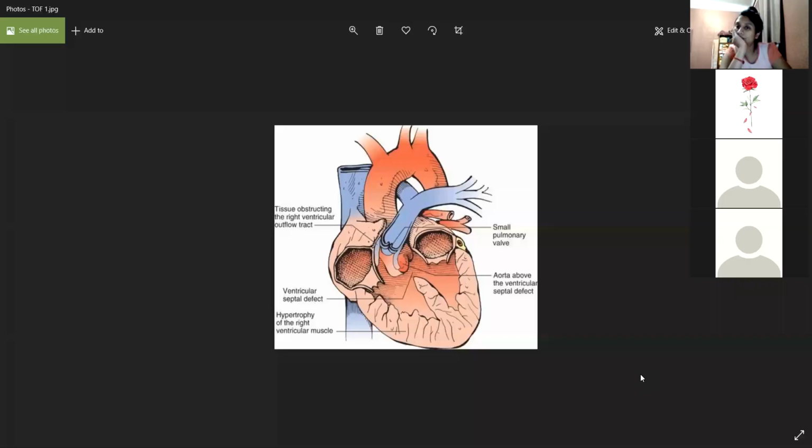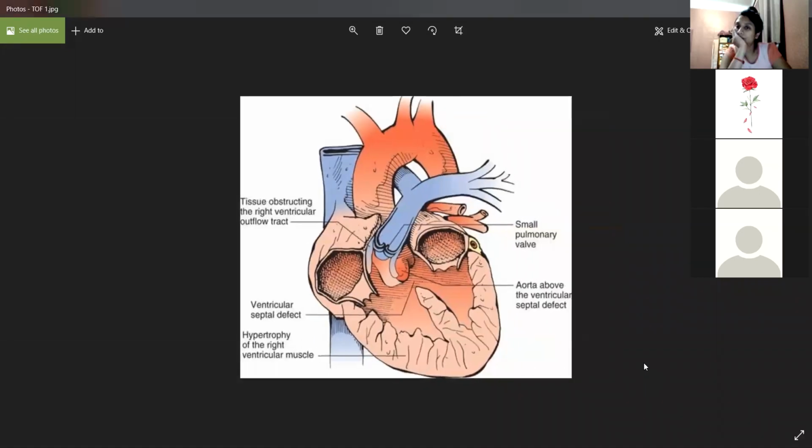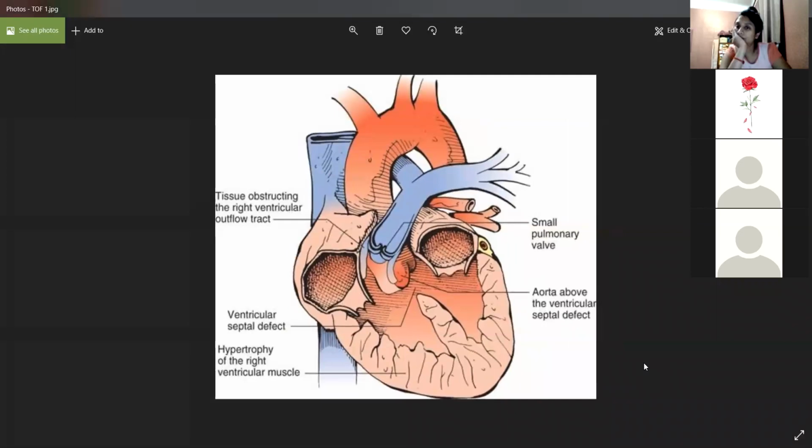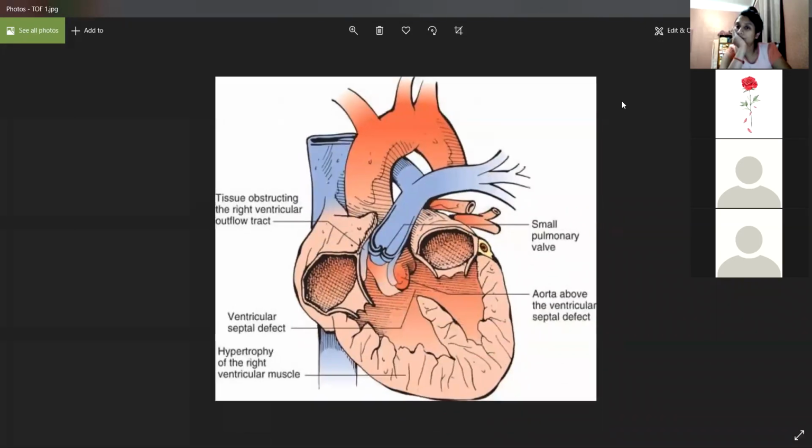This is still under the third component. And the fourth component is overriding aorta. We'll talk about them one by one.